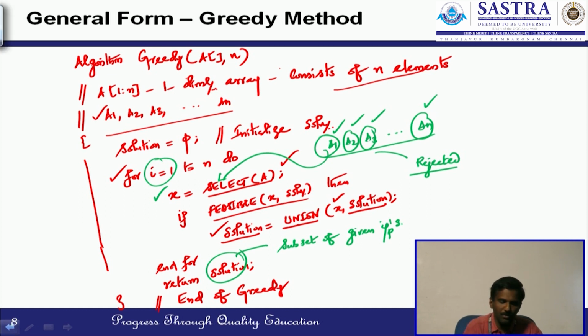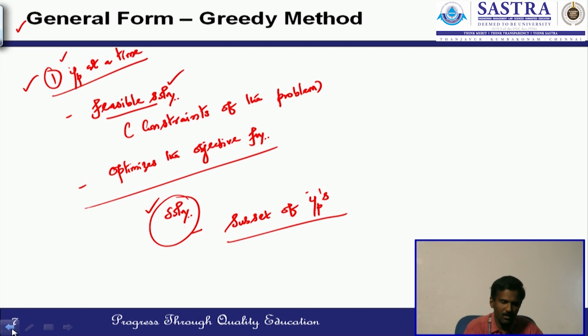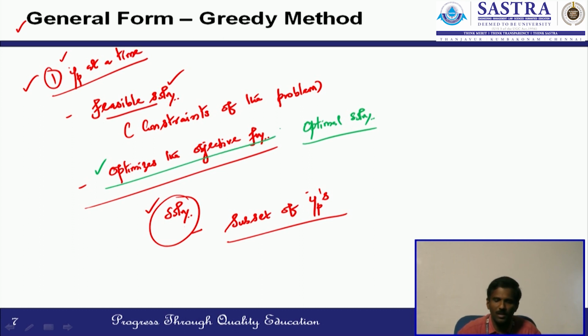So any feasible solution that optimizes the given objective function is said to be the optimal solution. What is an optimal solution? Any feasible solution that optimizes the objective function is said to be the optimal solution.